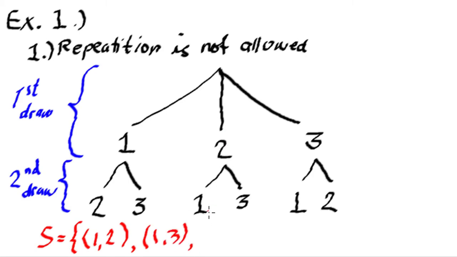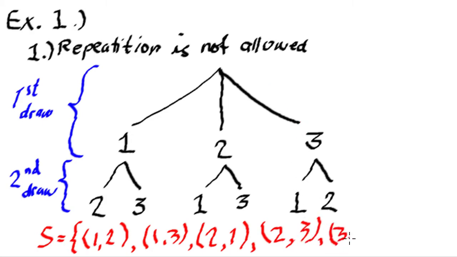We can get 2, 1. Then we can get 2, 3. Then we have 3, 1. And then lastly we'll have 3, 2.